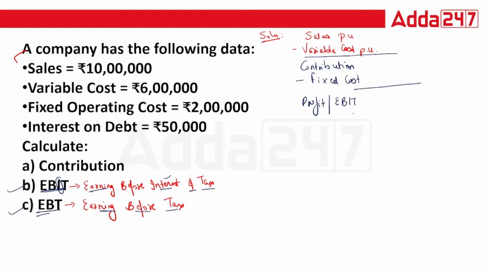So firstly you calculate the EBIT, then deduct the interest, and from this you get the EBT. As per unit data is not given here, I'm removing the per unit option. Directly we can calculate.